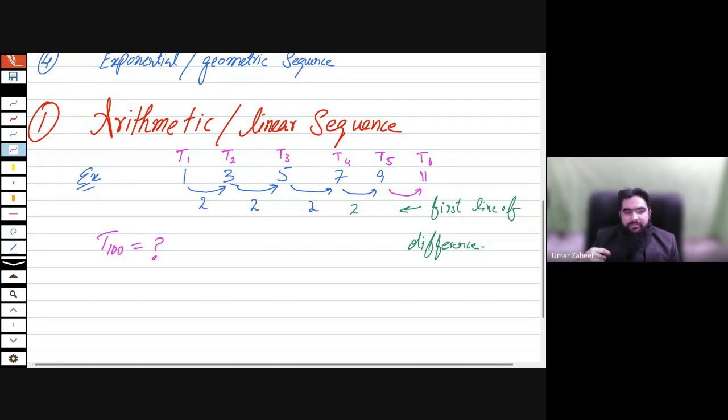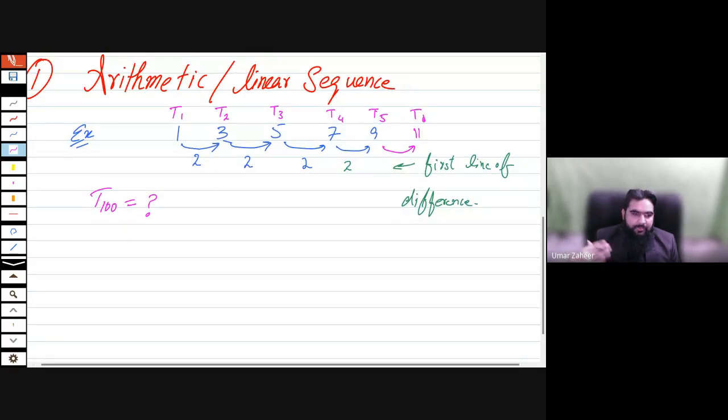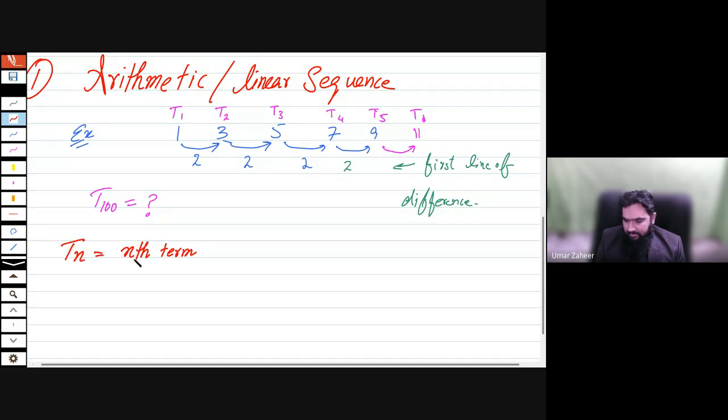To find the 100th term, we have to go for the formula, or some particular arrangement of the numbers. So the formula that we are going to use to find the nth term of any arithmetic sequence is: the nth term, sometimes written Tn, is equal to a plus n minus 1 into d.